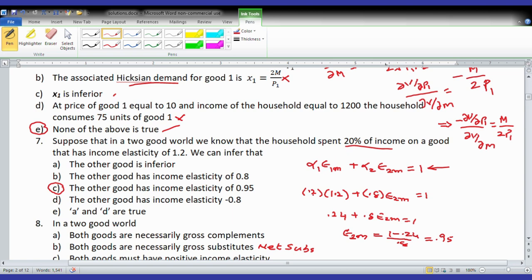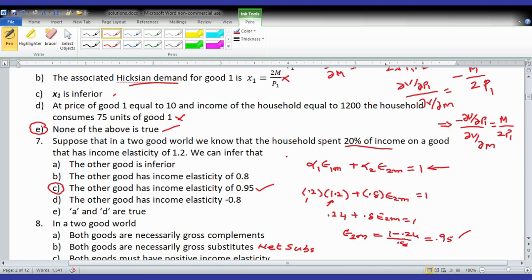So 0.2 is the spending share and 1.2 is the income elasticity, and because one of the goods is having an income share of 0.2, then the other should be having an income share of 0.8, and so we get 0.24 equal to 0.8 multiplied by the income elasticity of the second good, and when we solve this we get 0.95, and so this is the correct answer.